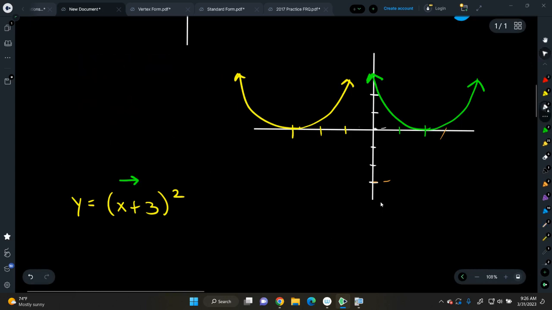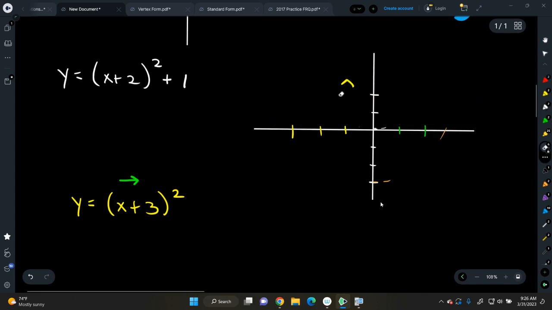Okay, what if I had y equals (x plus 2) squared plus 1? What will that one do? So what's the plus 2 inside the parentheses do?